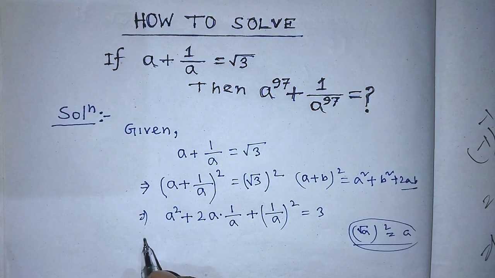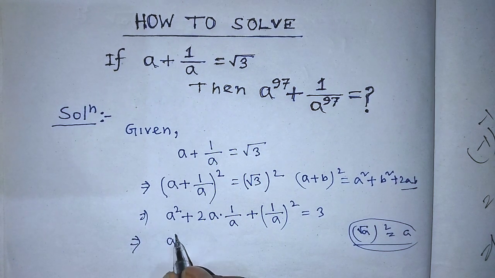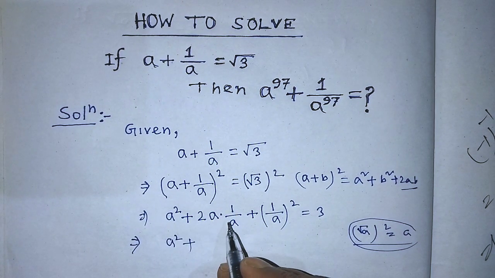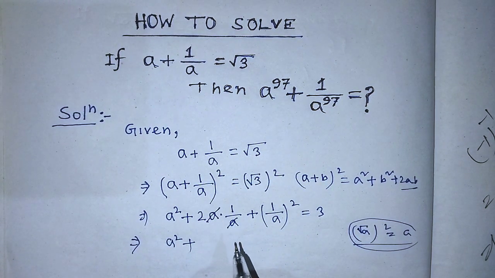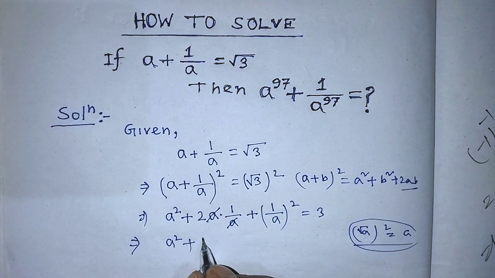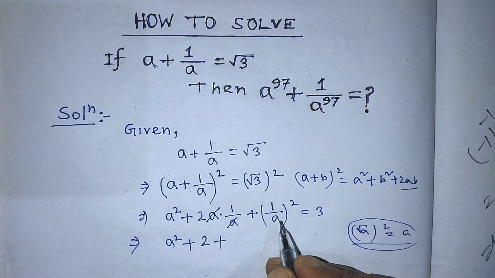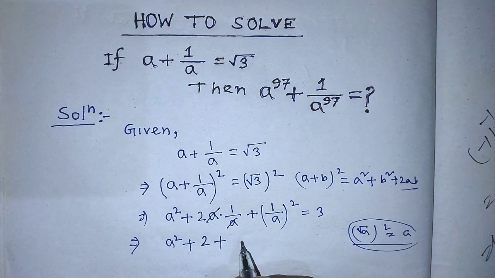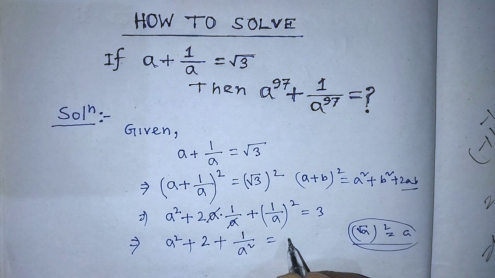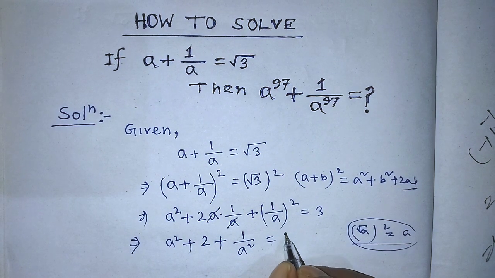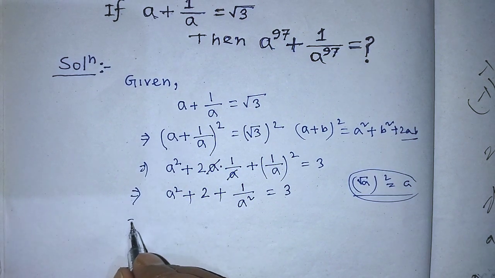After that, on the left hand side again we write a square plus; in the second term we can cancel a from numerator and denominator. Then we can write 2 plus, in the third term, 1 over a whole to the power 2, that is 1 over a square, is equal to, on the right hand side, 3.